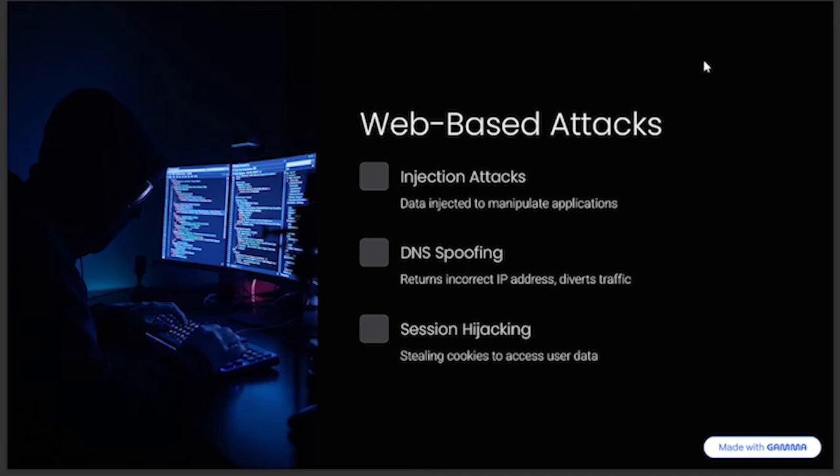So the injection attack is an attack in which some data will be injected into a web application to manipulate the application and then fetch the required information. So we can have SQL injection, code injection, log injection, and XML injection as examples of an injection attack.